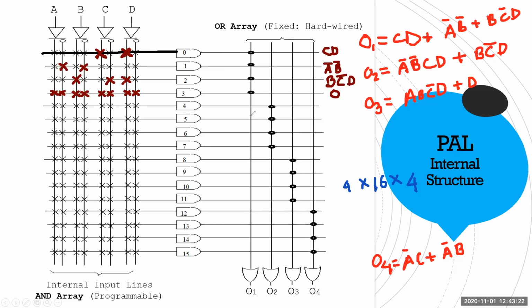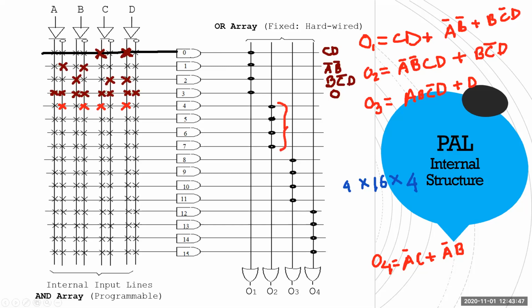Okay. Now next, let's go to O2. This is O2. A bar, B bar, C, D. Now you can take B, C bar, D here or here or here, anywhere, because in between these four, you can use any two.